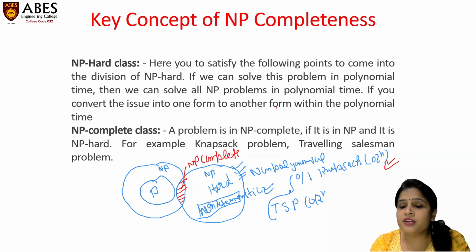If a researcher reduces this time complexity from order of 2 raised to the power n to order of n log n, in linear time, then these problems come in the category of NP complete problems. So an NP complete problem is in NP and is also NP hard. So these problems are called NP-complete problems. I hope you understand the concepts of NP-hard and NP-complete.